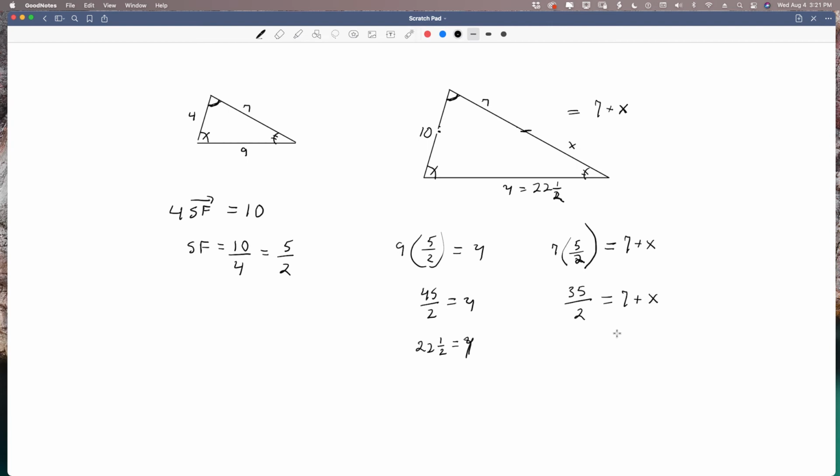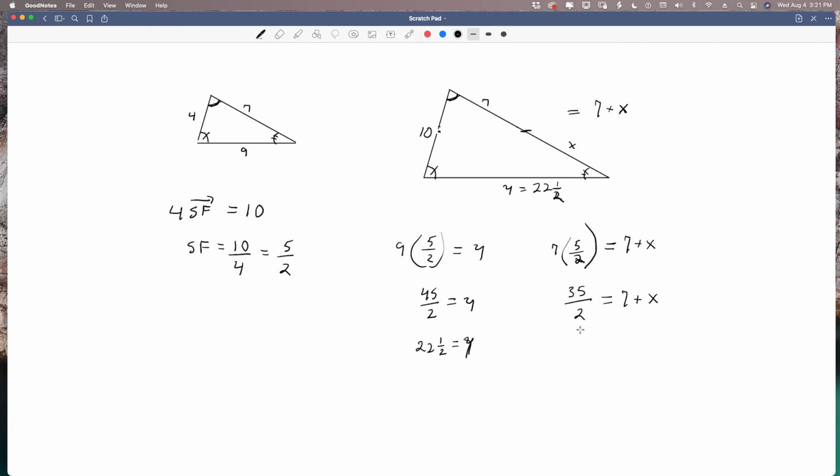So now we need to find some way to make these relational to each other. And the easiest thing to do is to get rid of this fraction on this side. So we're going to multiply both sides by the number 2 in order to just get rid of this fraction. It's going to be easier that way.